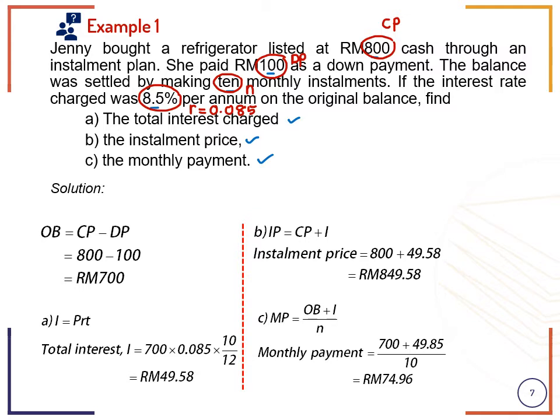Now calculate the original balance using this formula, cash price minus down payment. Since the cash price is 800 and the down payment is 100, the original balance is 700.